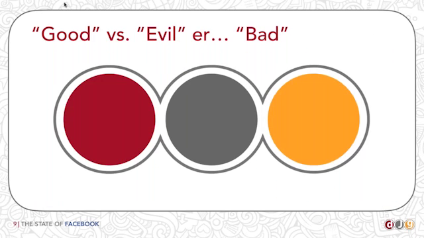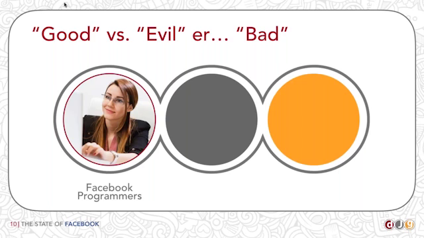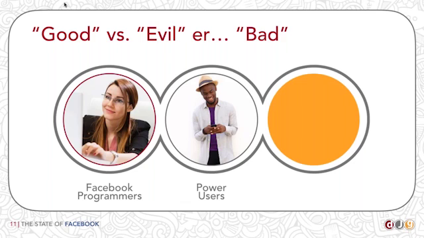So now that we've seen a little bit about what the bad is on Facebook, let's talk about who controls the good and the bad, or evil, depending on who you are. The Facebook programmer is first. Facebook programmers are those employees at Facebook HQ that work every day, and it's their job to take notice of trends through data analysis, which we will get into very shortly.